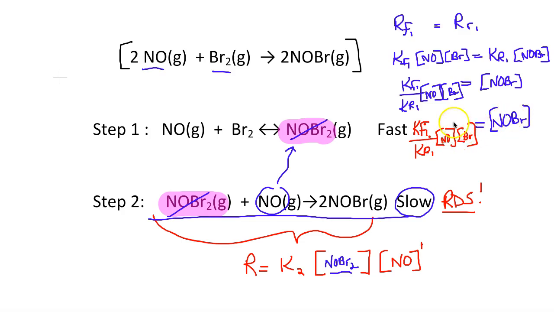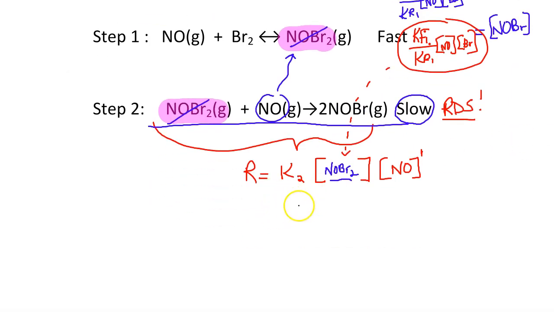So plug this in, right here. And what you get is k2, which is the second step's rate law constant, times the rate law constant of the forward first step divided by the rate law constant of the reverse first step, times the concentration of NO times Br2, and that's what this gave me.